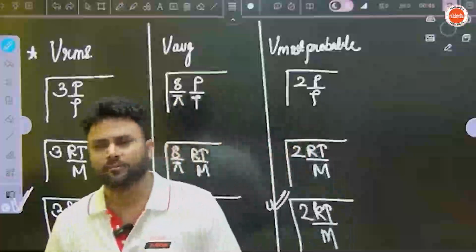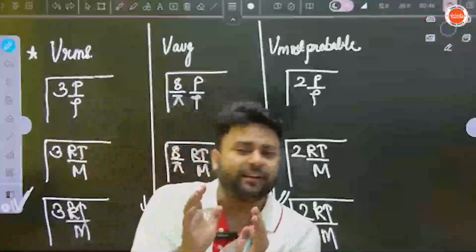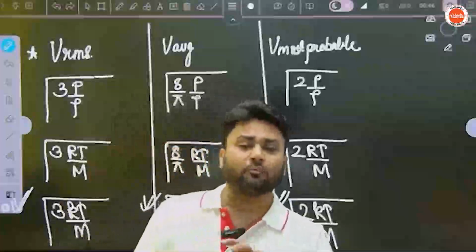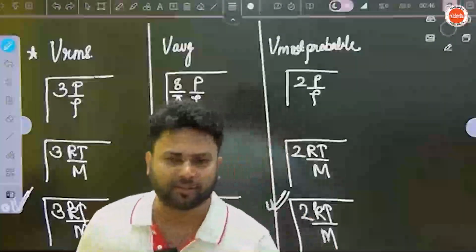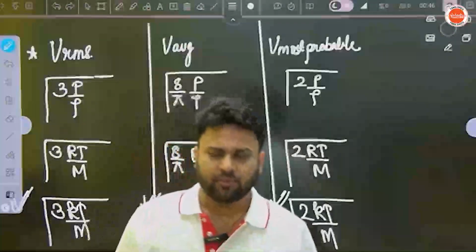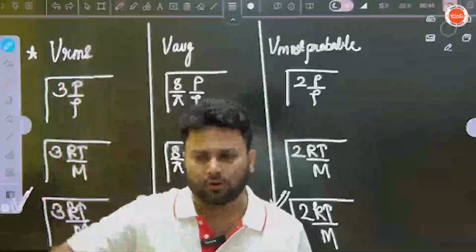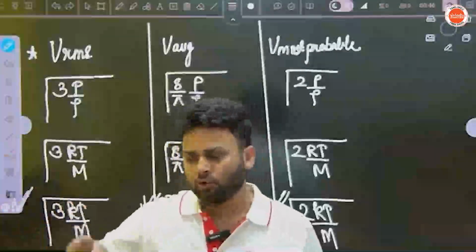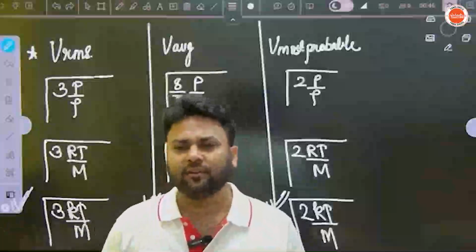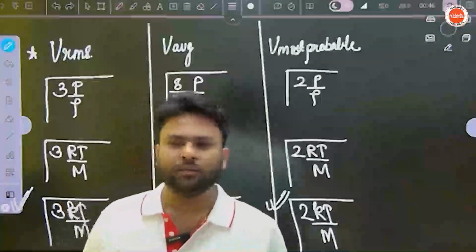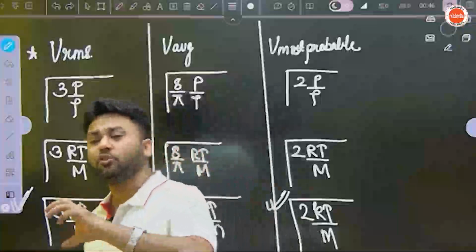Suppose 90 molecules out of 100 are moving with the same speed, that is 1 meter per second, and the other 10 are moving with different speeds. Some are moving with 4, some with 6, 2 are moving with 8. But maximum molecules are moving with what speed? 1 meter per second. So this 1 meter per second is called the most probable speed.